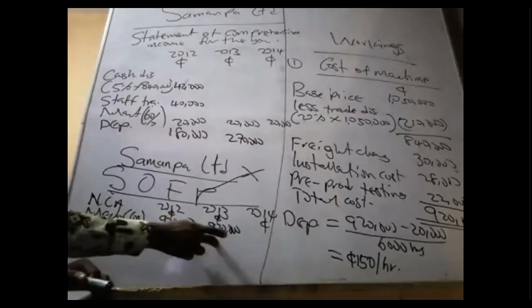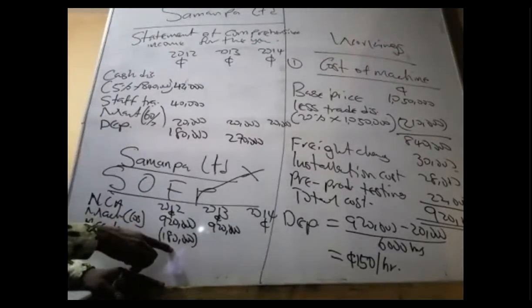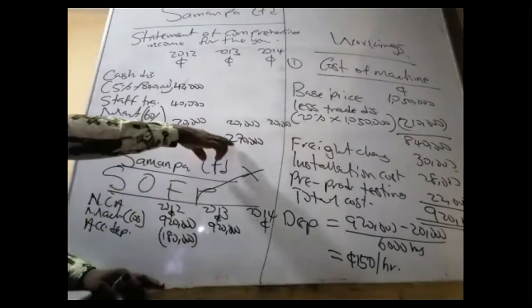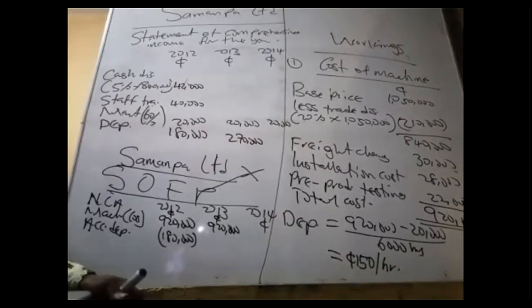When I come to the second year, what will be the total depreciation charge? We've charged 180 in the first year, and we've charged 270 in the second year. So putting this together, 270 plus 180, that's 450. Perfect.